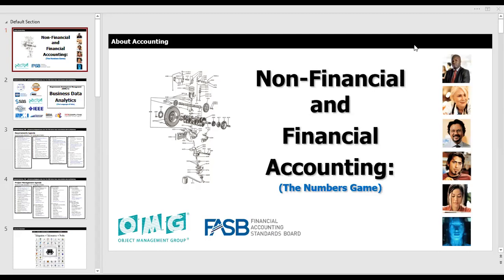At the bottom, you'll see two logos, the Object Management Group and the Financial Accounting Standards Board. What we're going to talk about is the relationship between those.